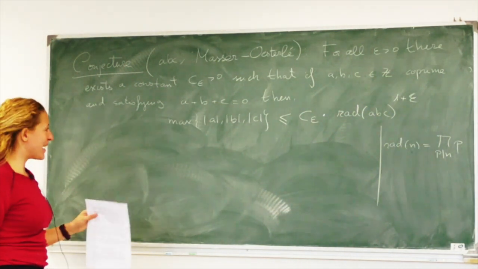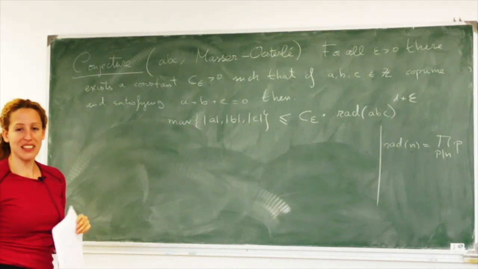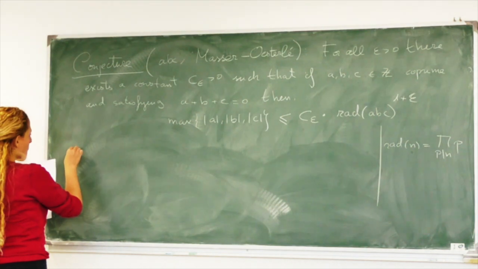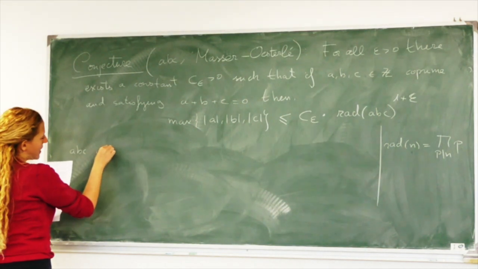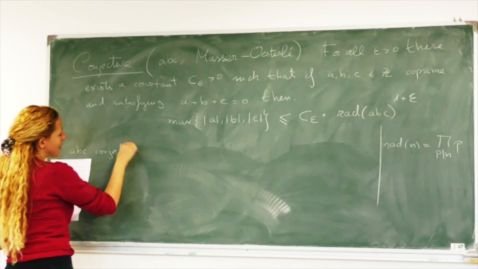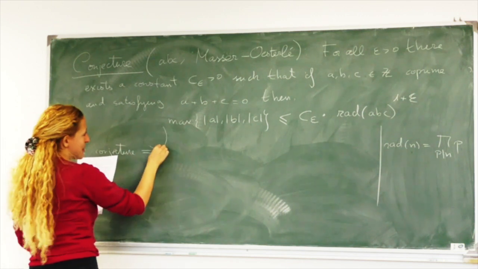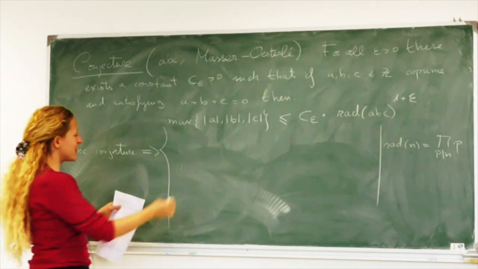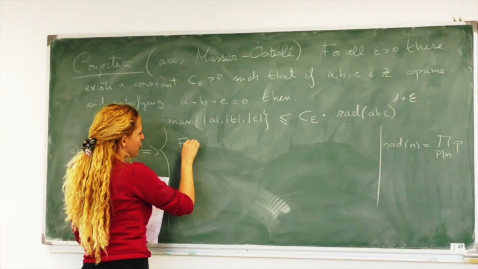And why I say that this conjecture is very important, because if it is true, this conjecture implies loads of famous conjectures. So for instance, it implies Fermat's Last theorem.